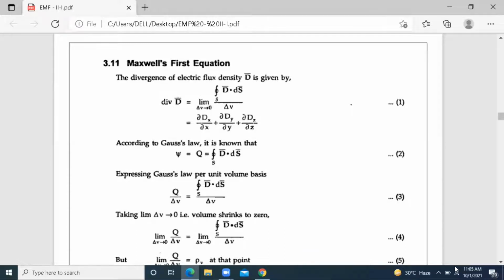So, the divergence theorem. The divergence of electric flux density D is given by the integral over the closed surface of D dot ds, as the volume limit goes to 0. Now, this is a mathematical expression.